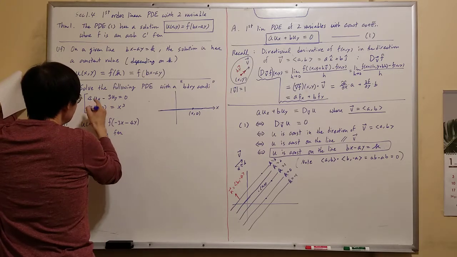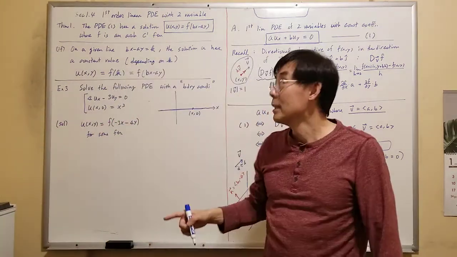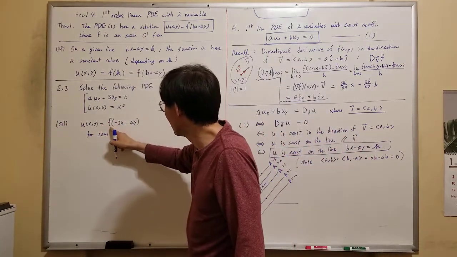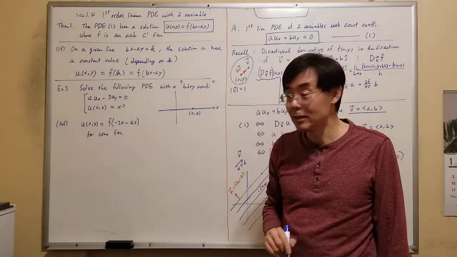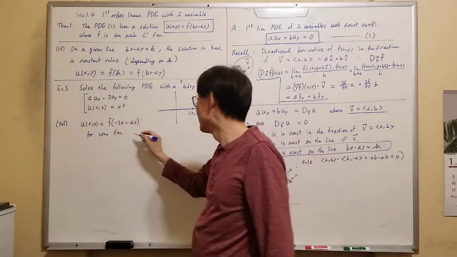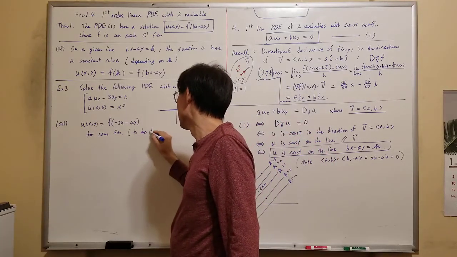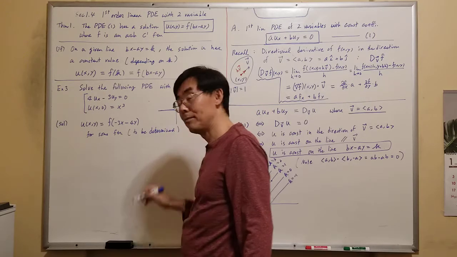Now, for this differential equation, it can be any C1 function. Now, we have to find such a function for which this boundary condition is also satisfied. So that's why I say for some function to be determined, right?